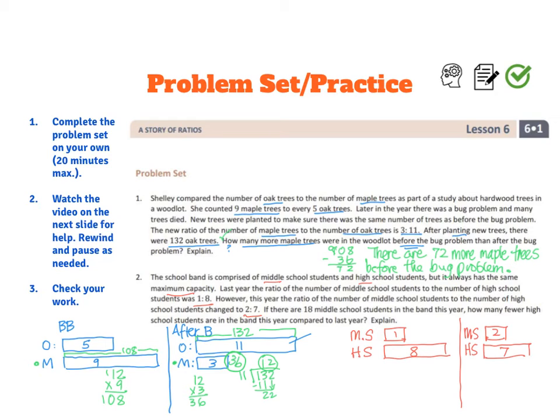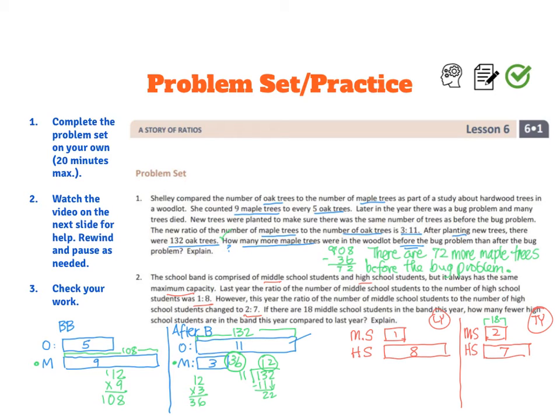If there are 18 middle school students in band this year, this is this year, this is last year. They say this is equal to 18.